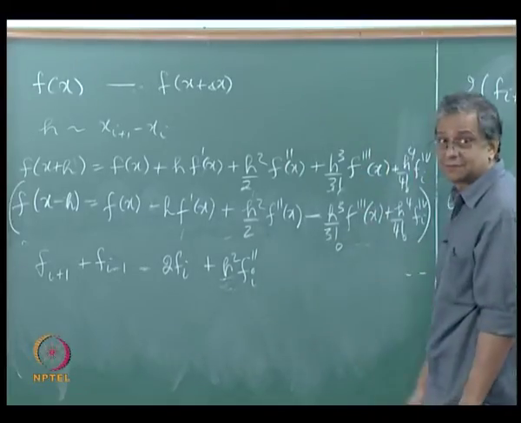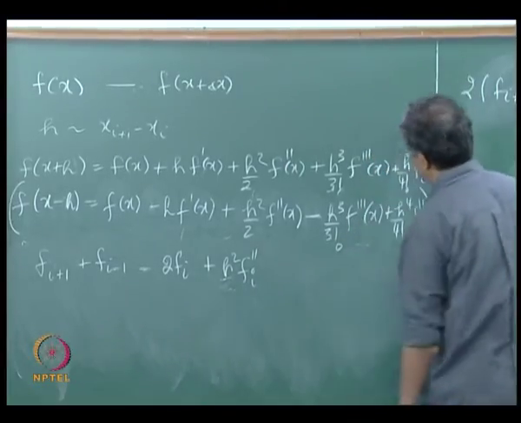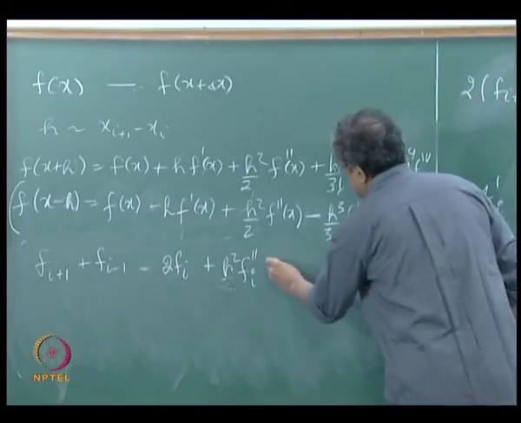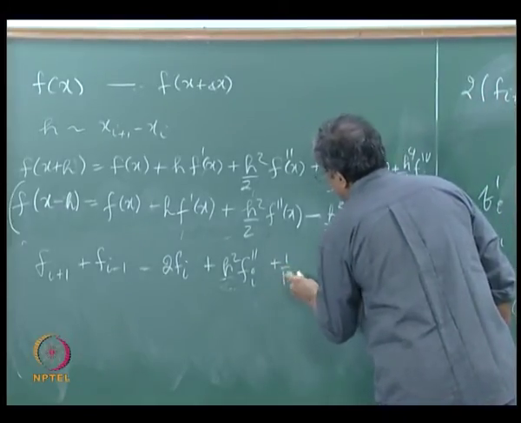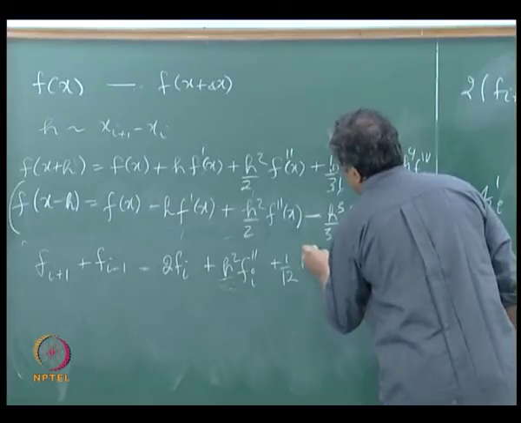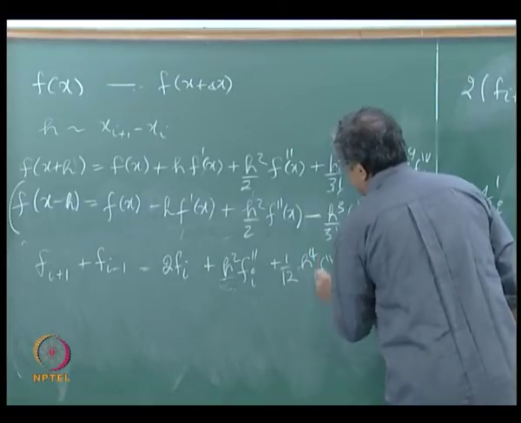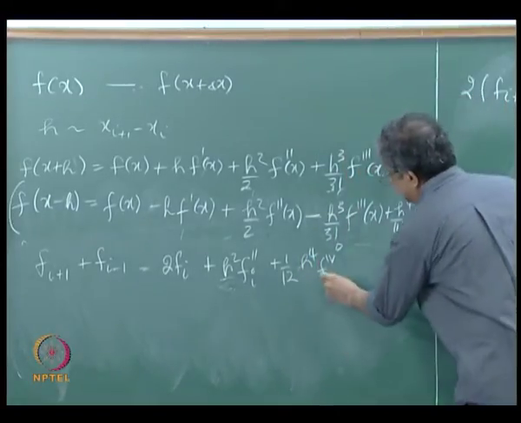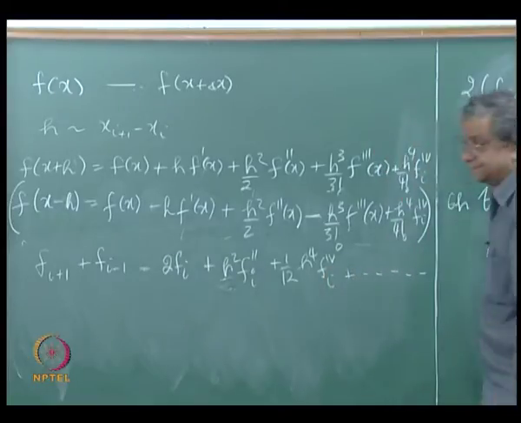This term cancels, leaving us 2 of these plus 1 by 12 h to the fourth times the fourth derivative at i, and there are higher order terms.